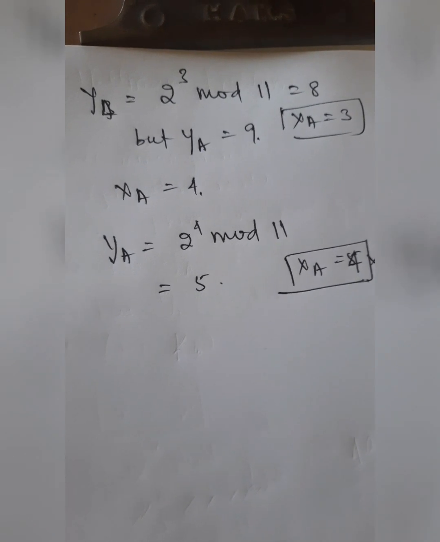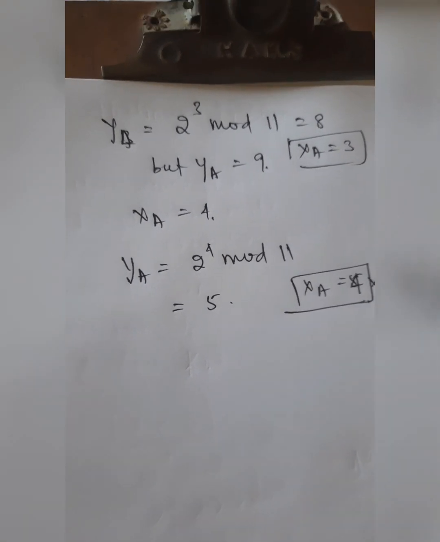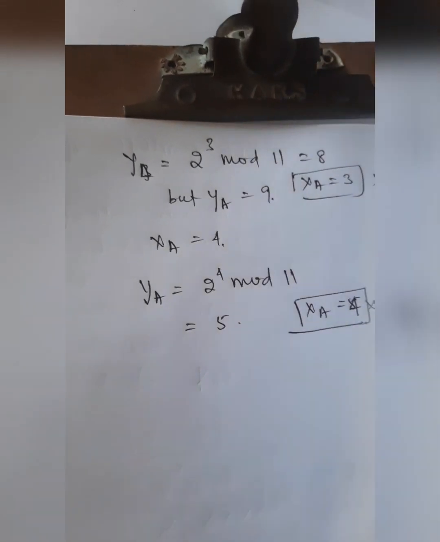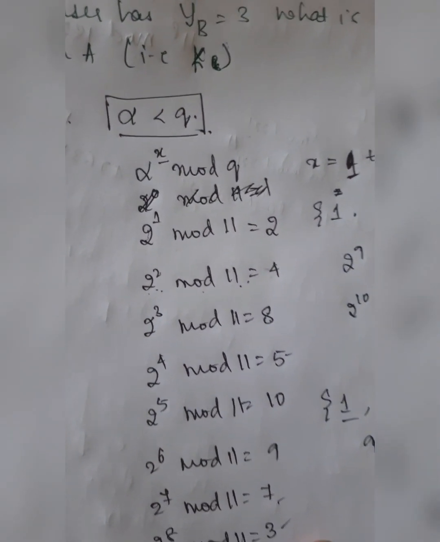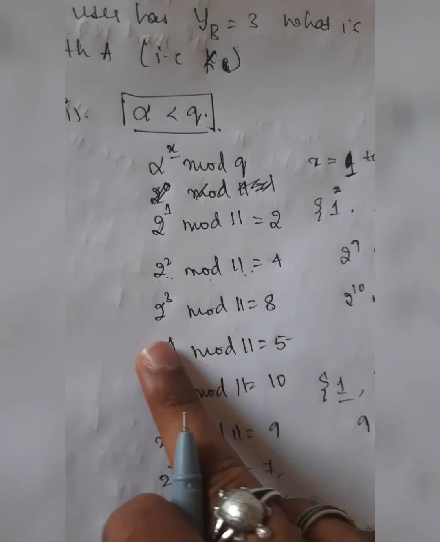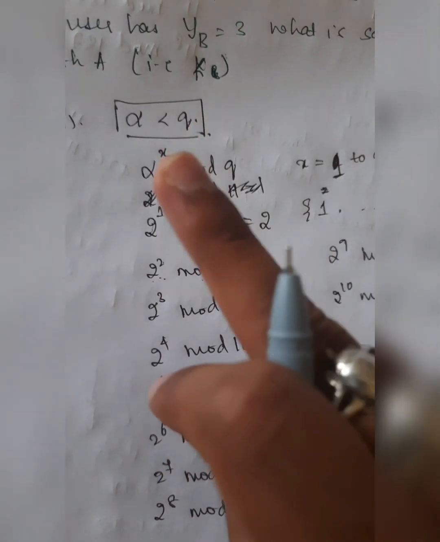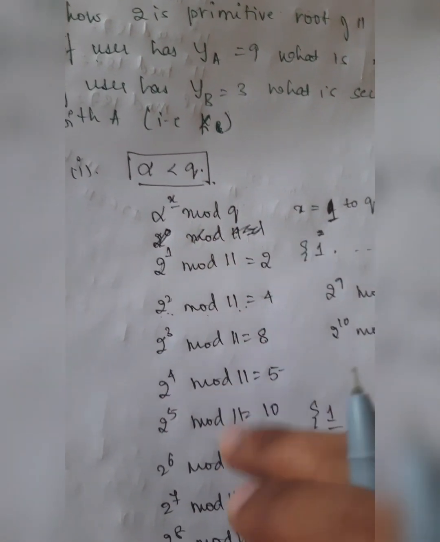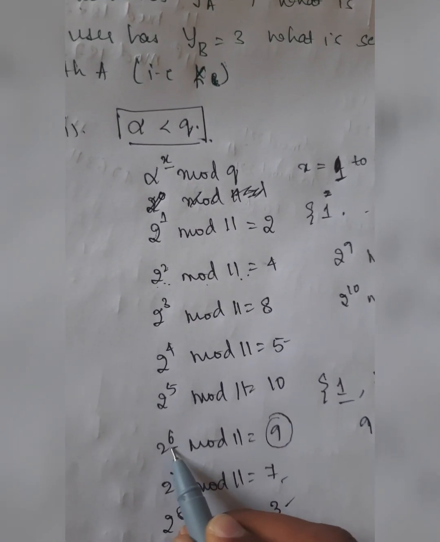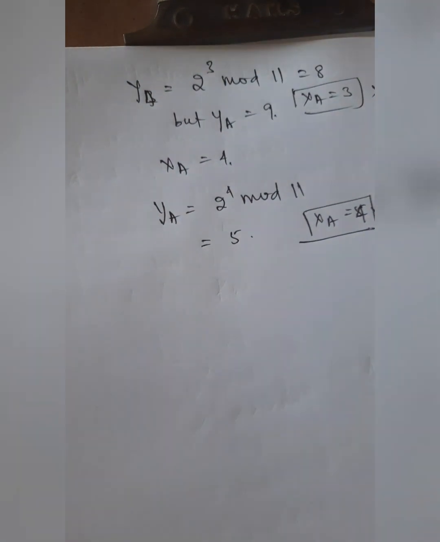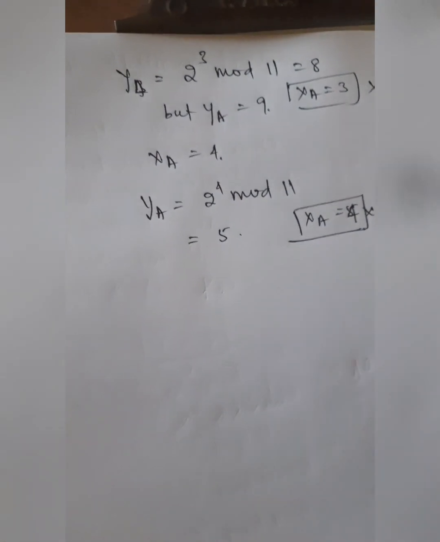So what is that value we have to get? Let me tell you one thing, how to identify it. See, we have already done the same problem here, right? To say that 2 is the primitive root of 11. So here you got a 9 for the value number 6. So you can take an assumption.